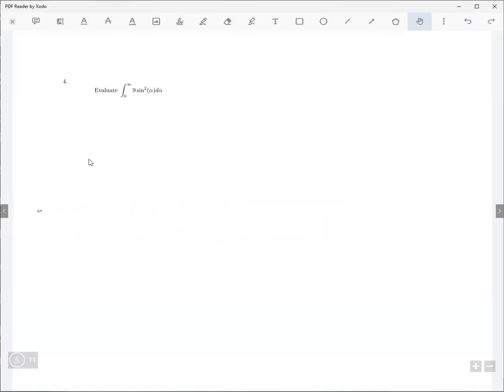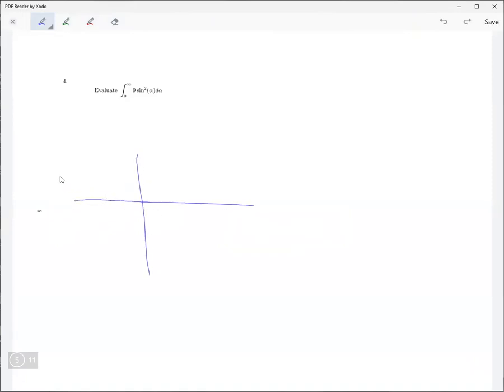squared is going to look like, okay, so hold on. So sine x goes like this, right? Forever, okay?